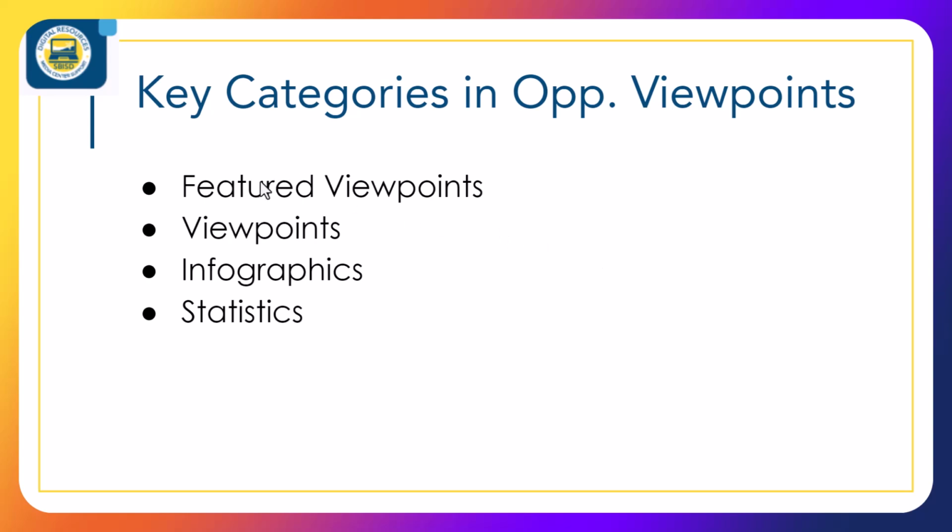So those key categories that set opposing viewpoints apart are going to be featured viewpoints, infographics, and statistics. So let's just go ahead and look at those, see what they look like in the database itself.